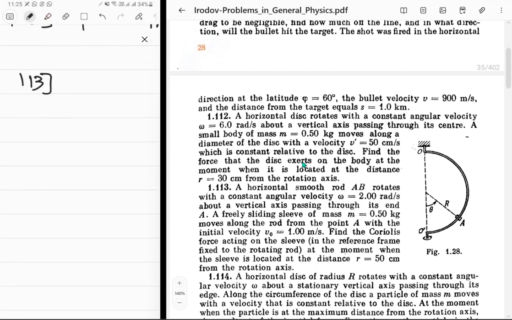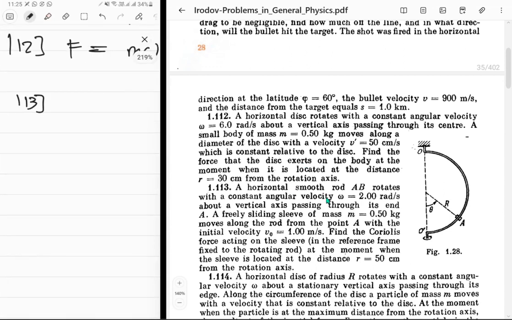113. A horizontal smooth rod AB rotates with a constant angular velocity about a vertical axis passing through its end A. Okay, this figure is not for that, sorry. Right. So AB rotates with constant angular velocity about a vertical axis passing through its end A. This is AB.